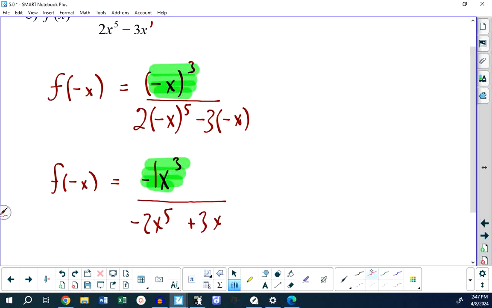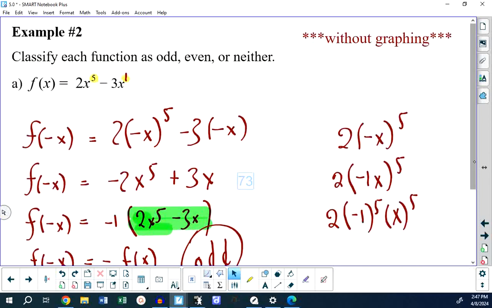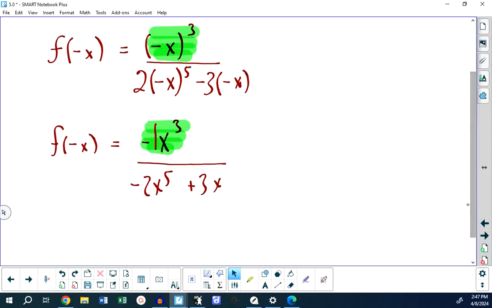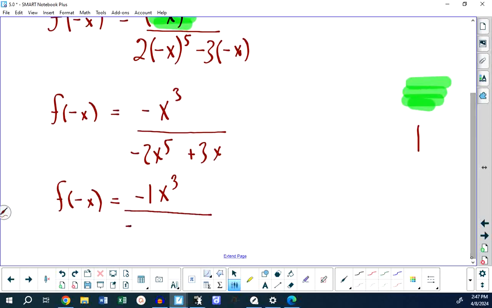So the question becomes, is this the same as the original function? Is it the negative of the original function, or is it neither? Well, I can factor a -1 out of the bottom. I'll go back to the -1x cubed on the top. When I factor a -1 out of the bottom, I get that.